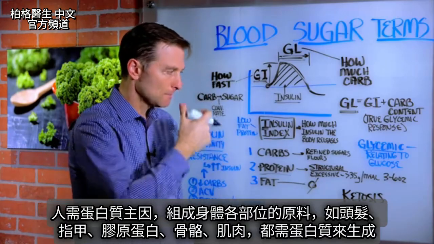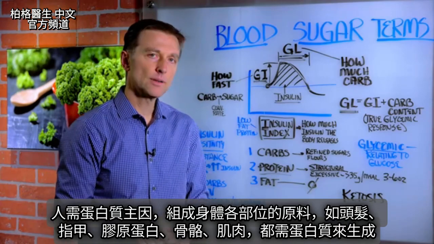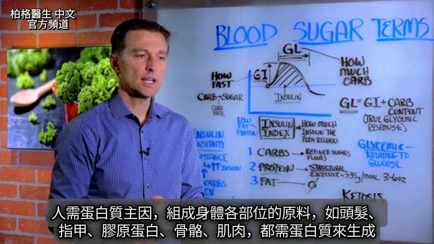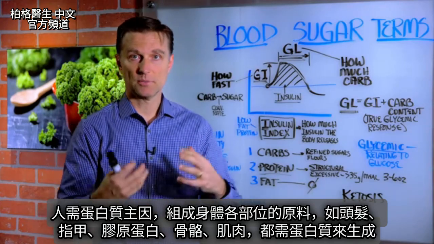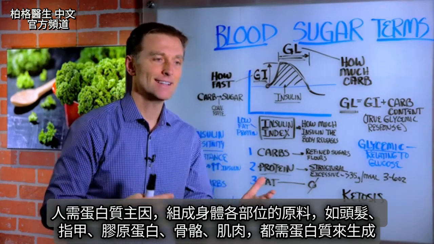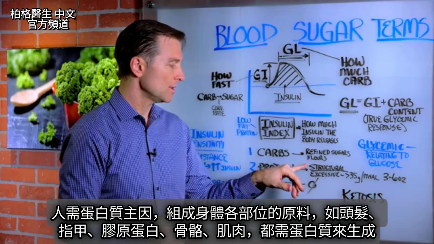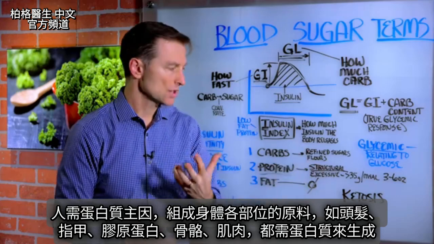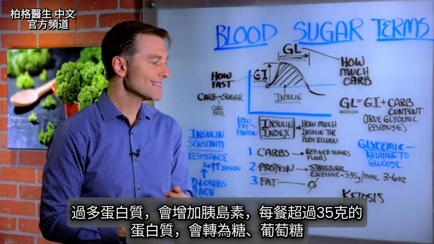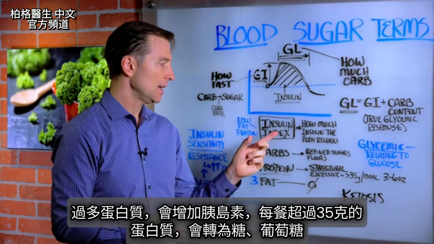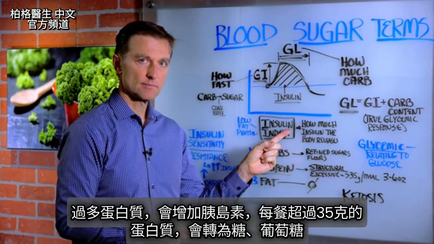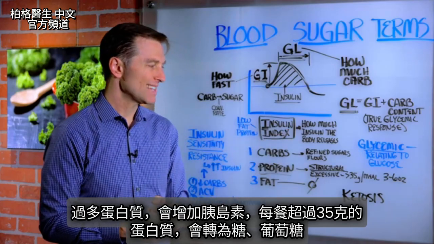The main reason we need protein in the diet is to provide structural material for the body parts. The hair, the nails, the collagen, the bone, and the muscle all need protein, so we need it to build up our structure. When you consume excessive protein, it will increase insulin. So what does that mean?